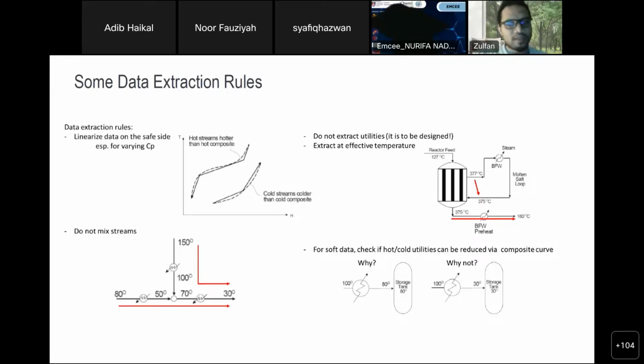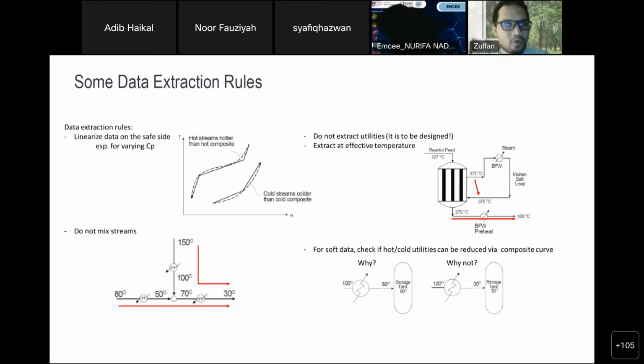And then if there are streams mixing together, when we do the data extractions, we don't mix these streams. Yeah, we will see whether or not these streams can be run separately, and see if there's any benefit from that. And then we don't extract the utilities because these utilities will be the things that we are going to design and evaluate later on.